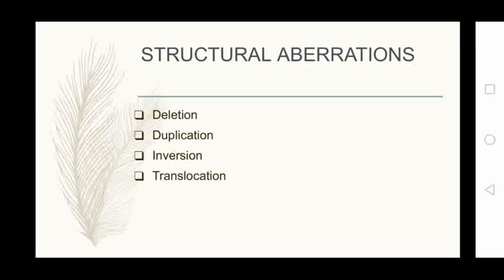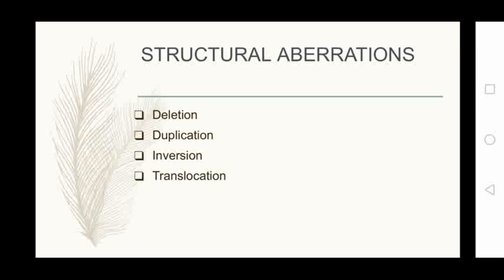The term structural elaborations refers to any abnormality in the structure of chromosomes. The different types are deletion, duplication, inversion and translocation. We have already discussed the first three types.